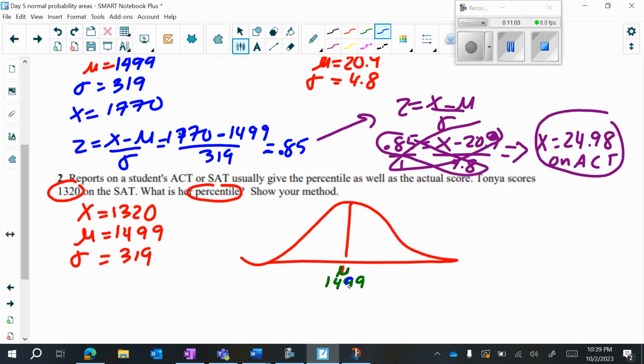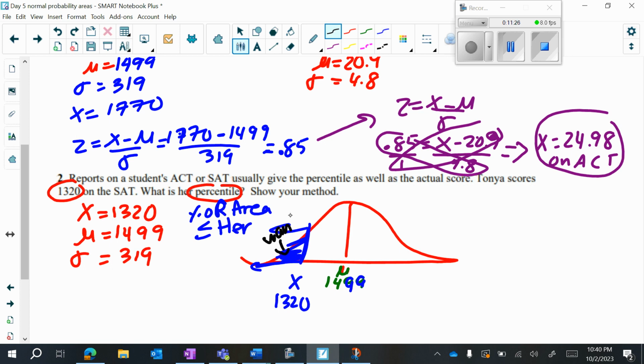So if you know that Tanya's to the left of the mean, you can just put a random line to the left of the mean and label it X. Her percentile is the percent or area of scores less than or equal to her. So that's going to be the area to the left of her and including her. So we want this.